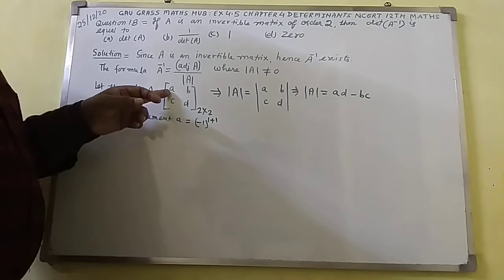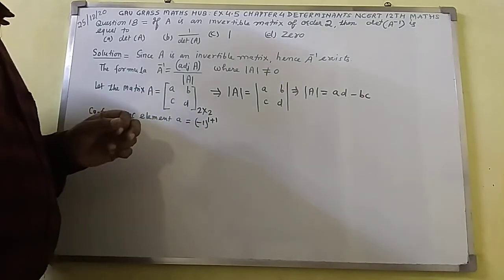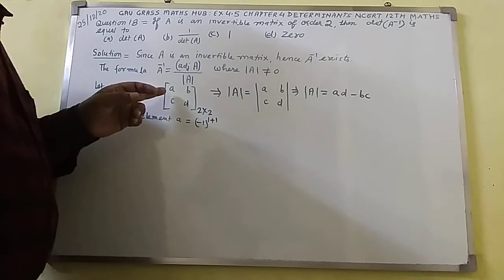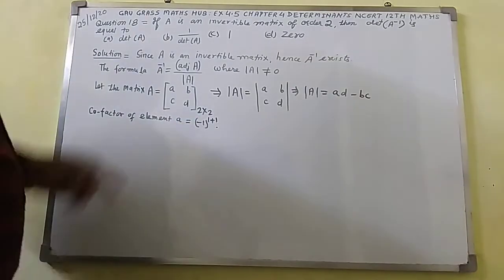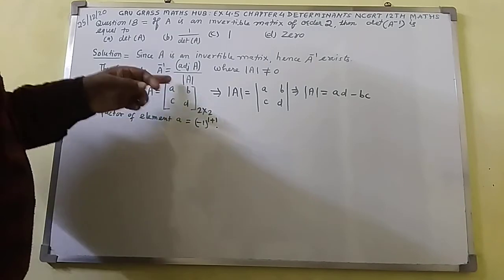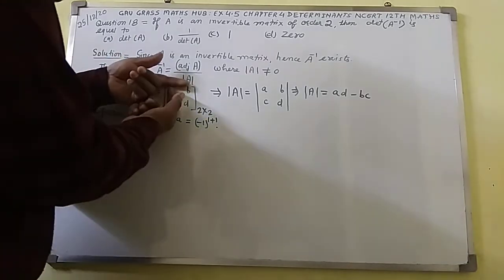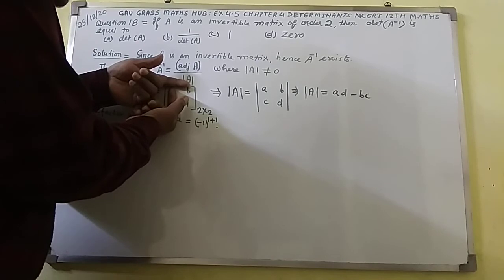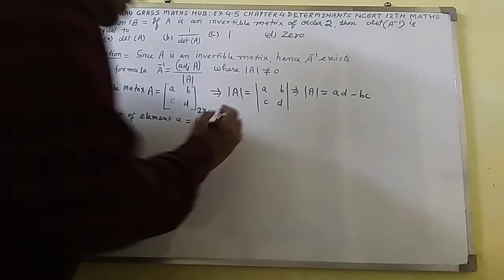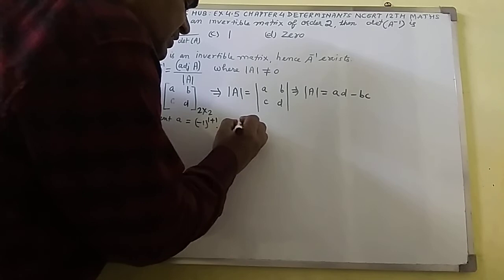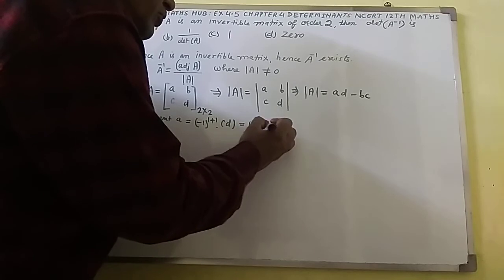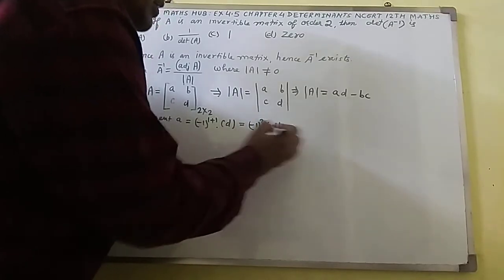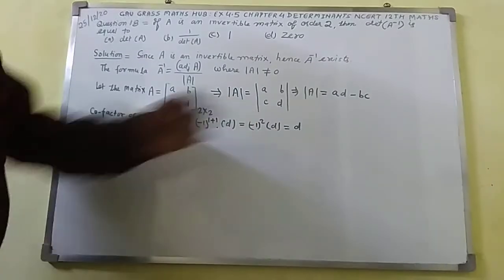A is in the first row and first column. The first row and first column will be hidden. We will get the minor of element A, which is d. So here write small d. Simplifying, you get -1 raised to the power 2 times d, which comes out to small d. So you have got small d.